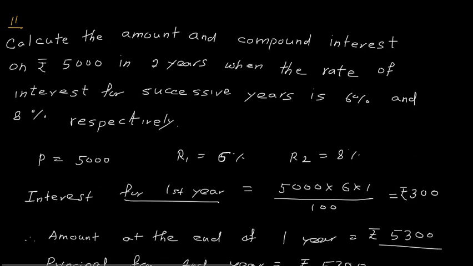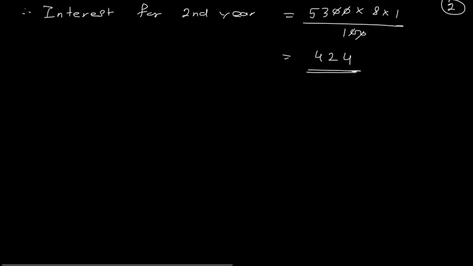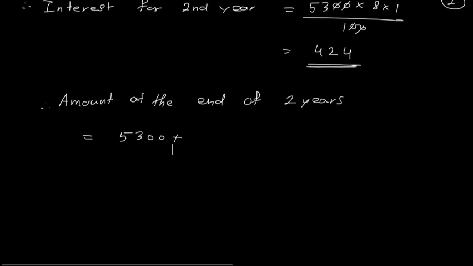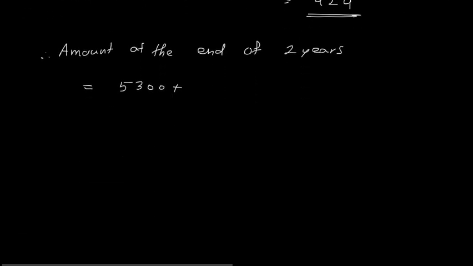Now let us see the question. So calculate the amount and the compound interest on rupees 5000 in 2 years. Okay. So therefore I have amount at the end of 2 years is your 5300 plus this rupees 424.